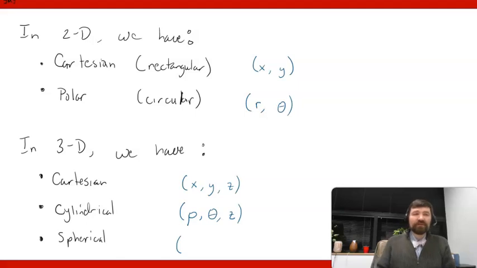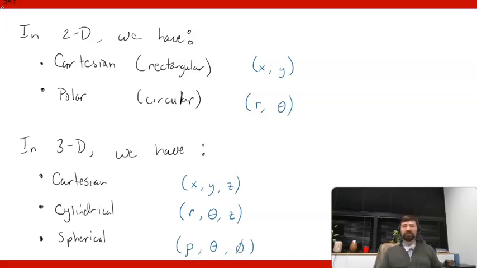Now, if we want to be consistent in our notation, I'm going to use an r here for cylindrical, and I'm going to use a rho here for spherical, even though that's reverse of what most people do. The reason is that if I choose the variables this way, then things are defined consistently.